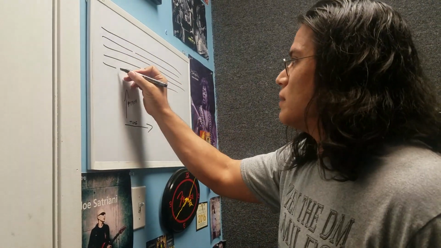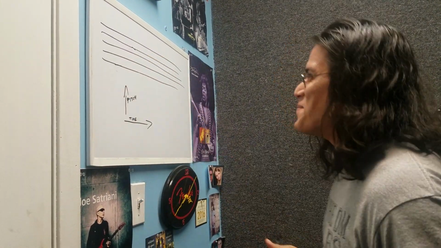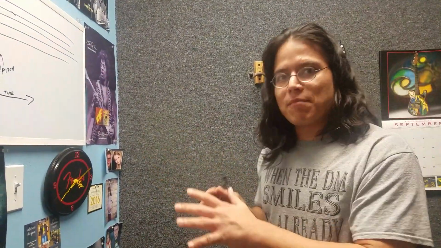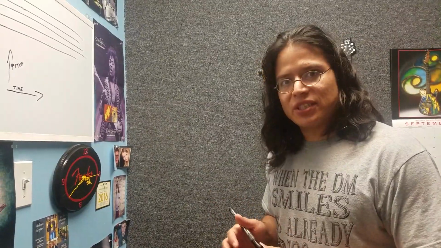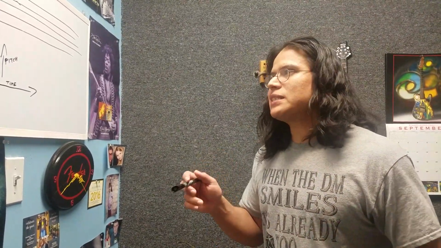I don't have any eraser, so ghetto. All right, if we're trying to give the staff meaning, that's when the symbols called clefs come into play. Without going into too much detail, what the clef does is it fixes the pitch on which you start your staff.